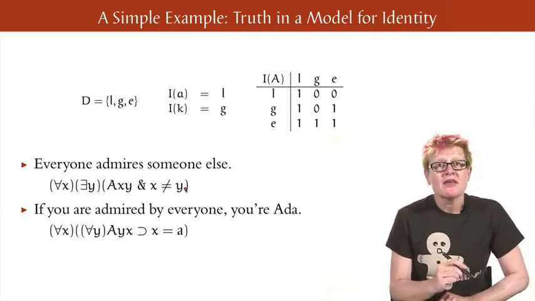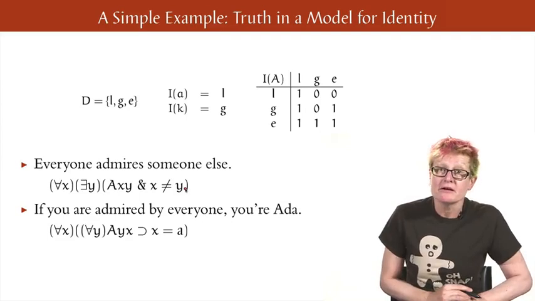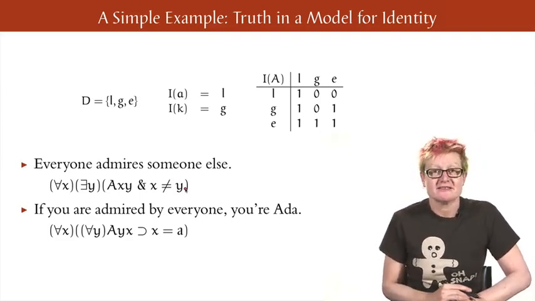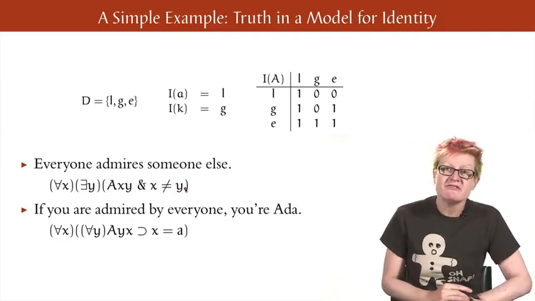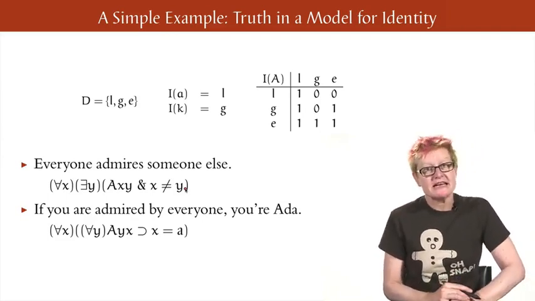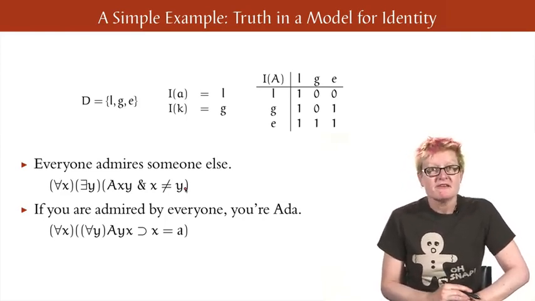Another one, the formula expressing that if you are admired by everyone, then you are Ada Lovelace. Another universally quantified formula, so we have to verify that each of the three instances are true in this model. First, the instance for Ada Lovelace.